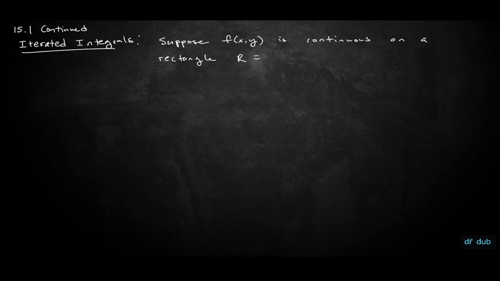We're going to say interval [a,b] Cartesian product with interval [c,d]. And all that means is the x variable and the y variable are in these intervals.